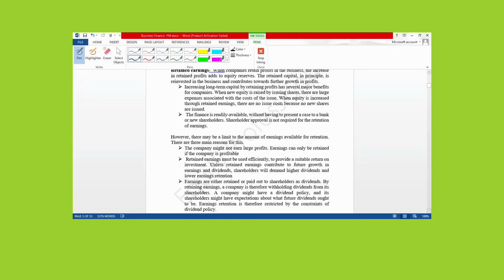Otherwise, the shareholders can demand higher dividends. If you cannot use retained earnings to generate more earnings, then shareholders will ask directors to return their money. You are retaining my money, so you must use that money for investment. That investment must generate returns. Otherwise, I am going to ask you to return my money.